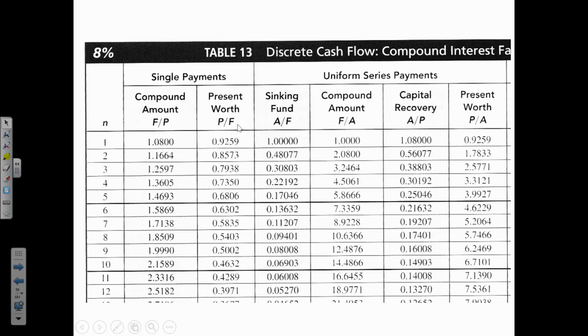A period could be a quarter, a month, any duration of time. So if 8 is 8% per period, and a known future payment is 6 periods in the future, to find its present value you'd multiply 0.6302 by the known future amount, and that would give you the present value.